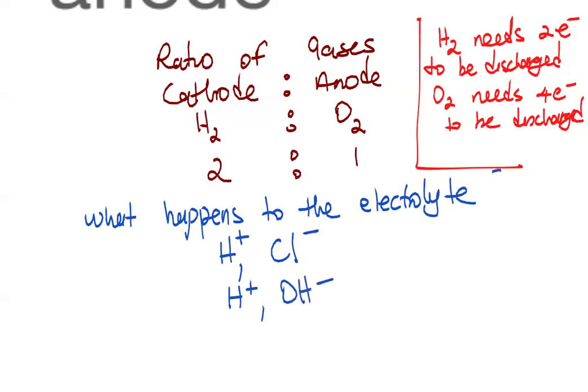What happens to the electrolyte? Which ions are we taking out? You're taking out H plus from the electrolyte, right? And we're taking out OH minus.